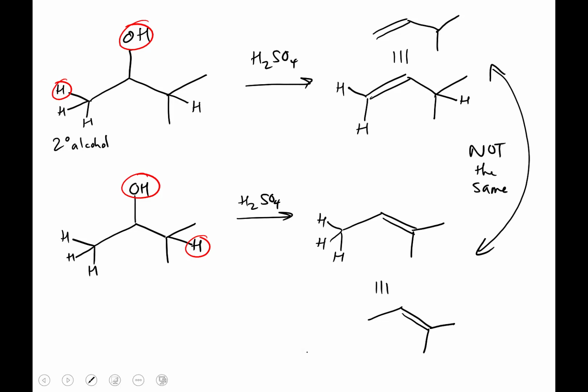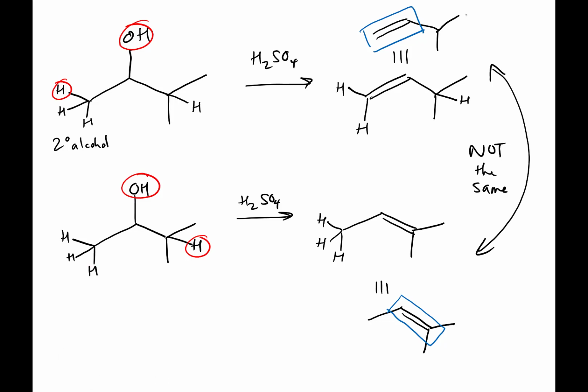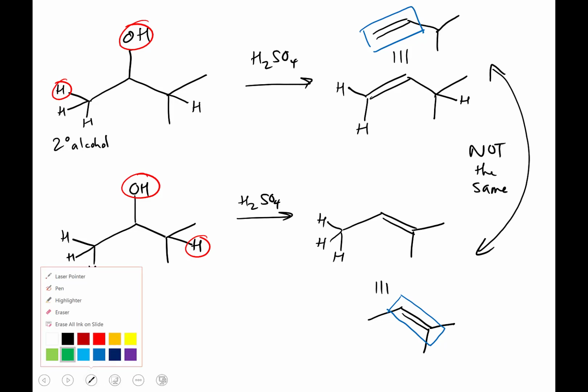So let's think about this for a second. Here's the alkene, right? I think it's a little more clear if you look at the line angle, so I'm going to look at the line angle in both cases. I circled the alkene itself. There are always 4 things attached to the carbons of the alkene.